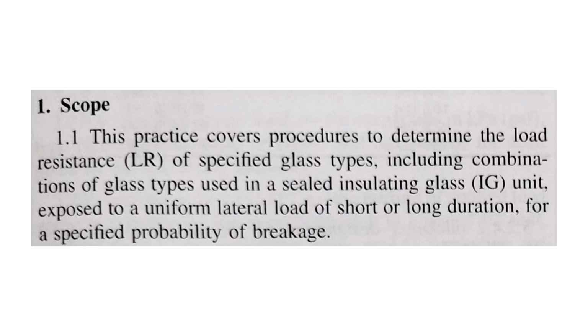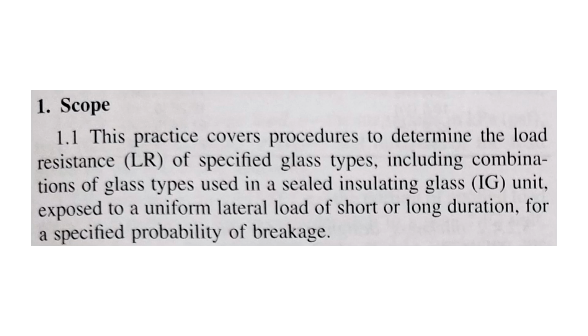Okay, so the scope. This practice covers procedures to determine the load resistance, LR, of specific glass types. Now, this includes a combination of glass types, included in a sealed insulating glass, IG. We're going to have to get used to all these acronyms here. It's an IG unit, or abbreviations, really. Exposed to a uniform lateral load. So this is a uniform lateral load we're talking about.